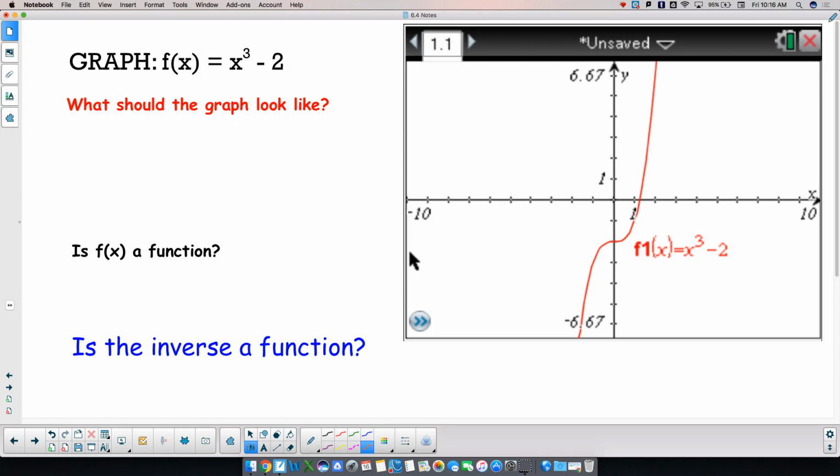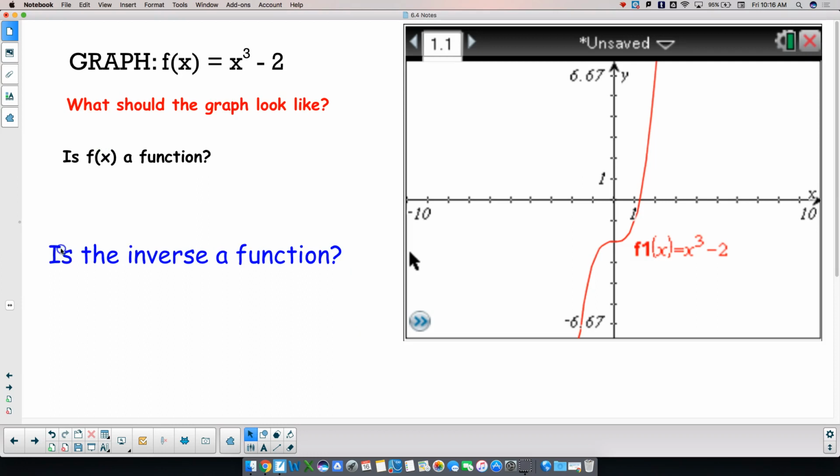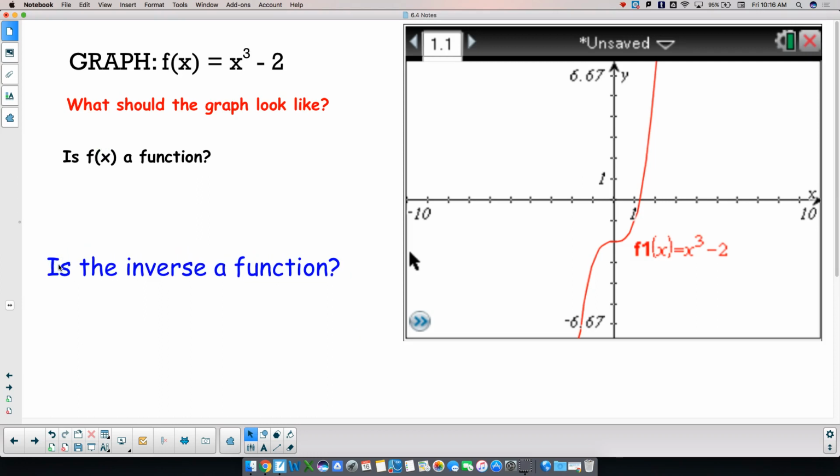Is that a function? Is f of x a function? Yes or no? Vertical line test. Pass, doesn't pass.